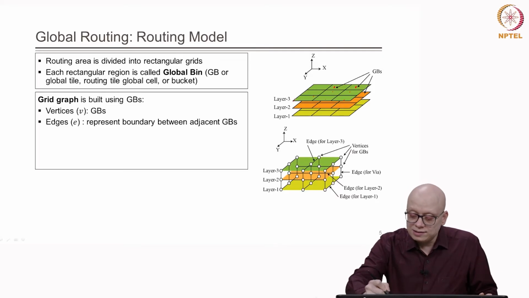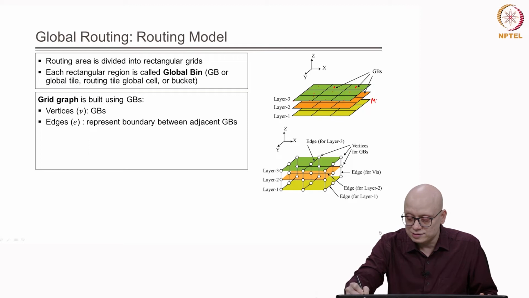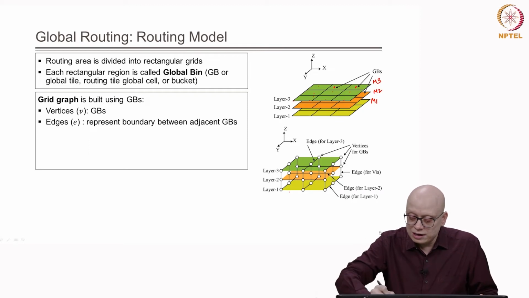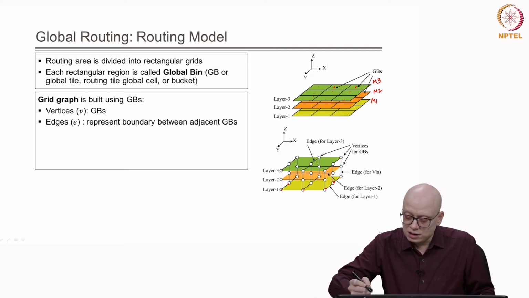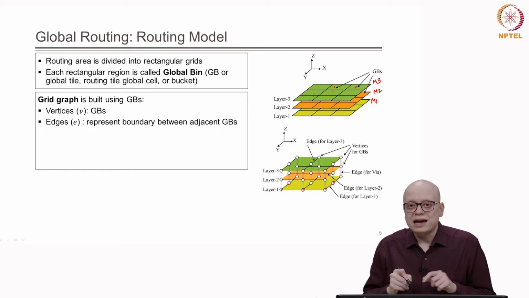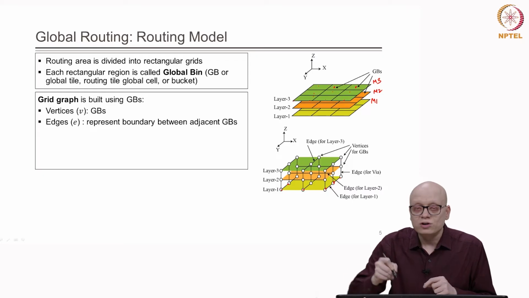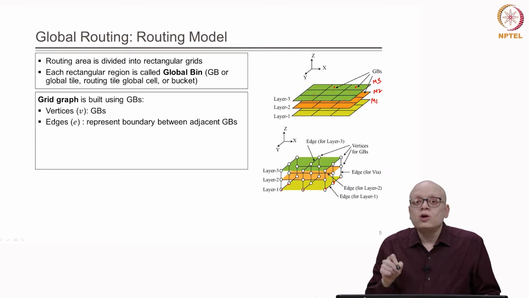In this case there are 9 vertices for the first layer, we are calling these M1, M2 and M3. So, for the M1 layer we have 9 vertices, others are not shown. And then the M2 layer will also have 9 vertices, and M3 also will have 9 vertices, right. So, corresponding to each global bin we will have 1 vertex, and then we draw the edges.